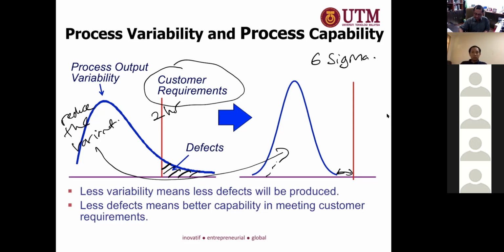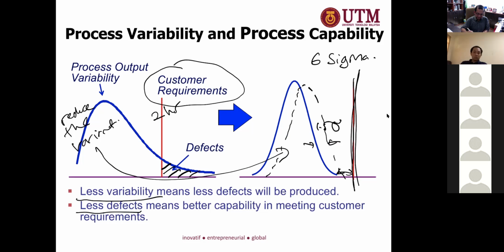So if anything happens, maybe it shifted by 1.5 sigma, we still have the tolerance, so the customer will still be satisfied. So that's the idea. How to do this? Minimize variation. If we minimize the variation, we get fewer defects, so we have better capability.